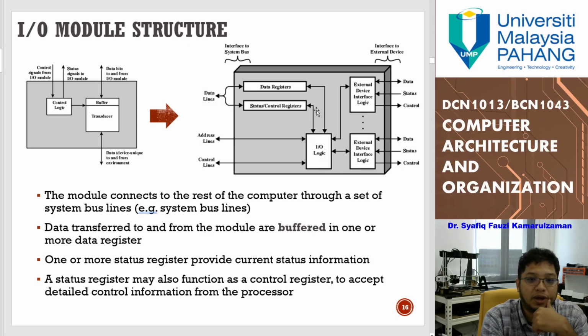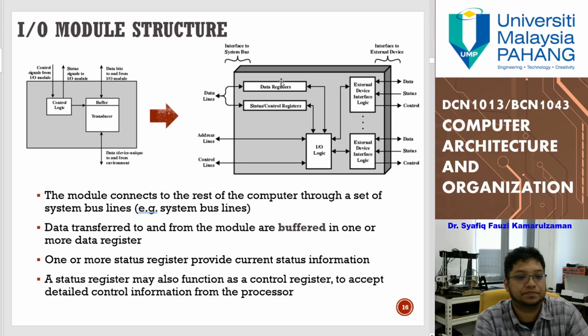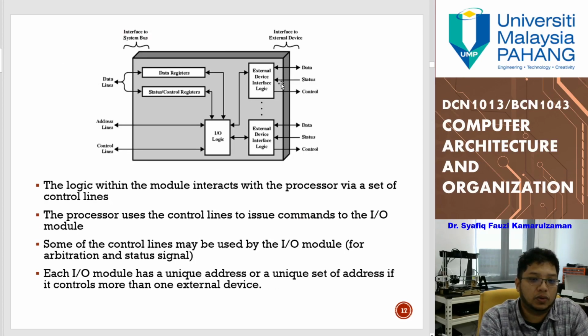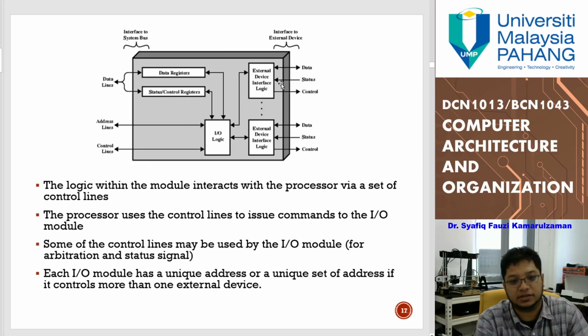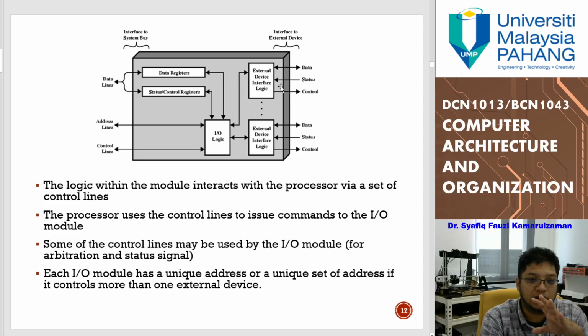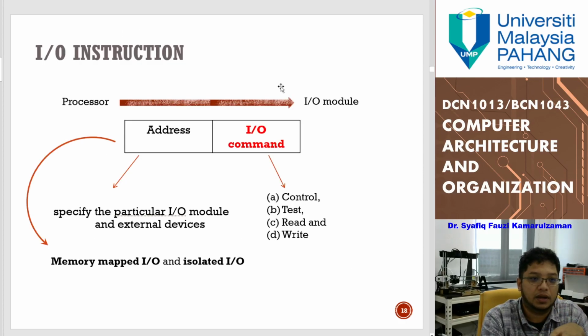And from here, you have a control register that provides the status of the device, or sometimes even provides the data directly when everything works fine and you want to transfer the data. Data comes out from the data lines. So basically that is the whole story of the I/O module.